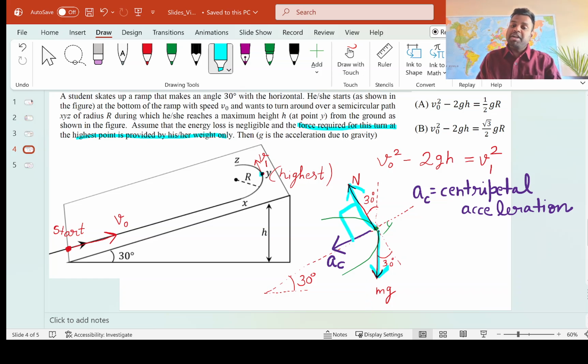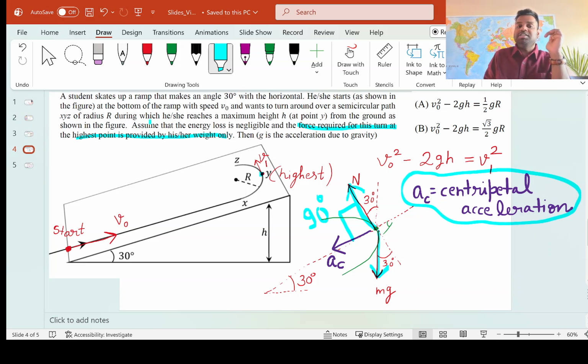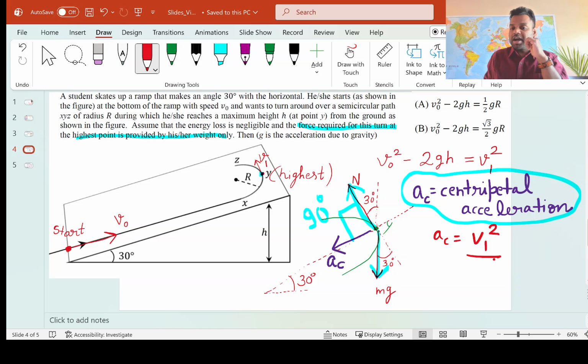Normal force is perpendicular to the slope, the angle is 90 degrees. And because the person is making a turn, you will have centripetal acceleration AC. And the formula for AC is AC equal to v1 square by R. v1 is the speed at the highest point, right?